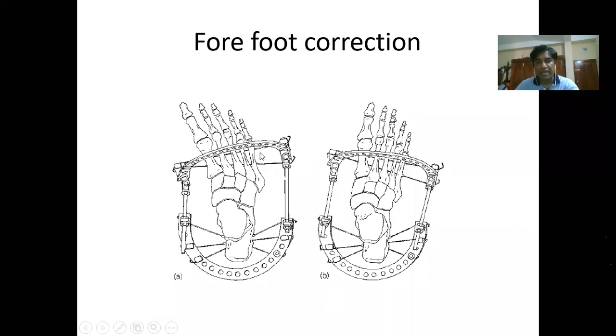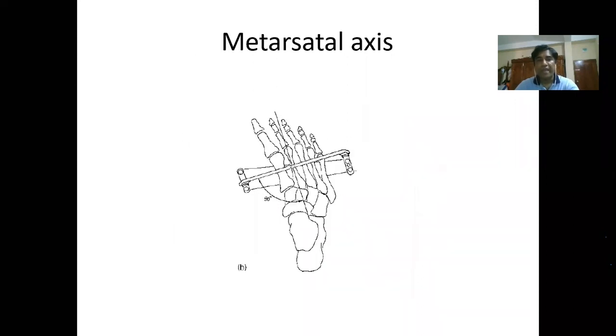These two wires. I already told you that if you want to put the wire in the forefoot, you have to keep in mind all the anatomical details of the forefoot, and you have to put the ring also in the axis of the foot during the deformity correction. What is the axis?